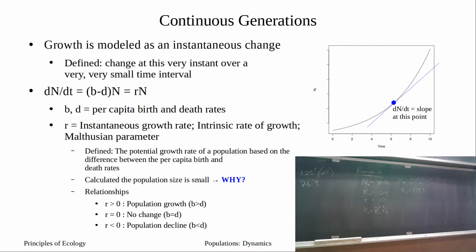We'll use intrinsic rate of growth or instantaneous rate of growth. I won't use Malthusian parameter. This r tells us a potential growth rate of a population based on the differences between our per capita birth and death rates. This is different from lambda and R, big R. So lambda and R naught.